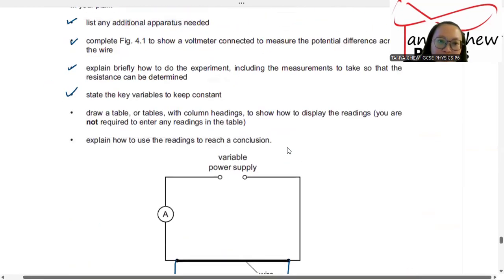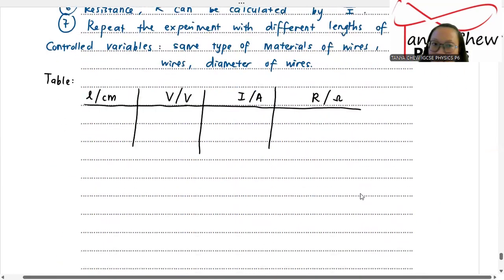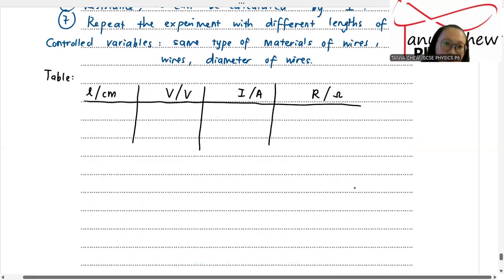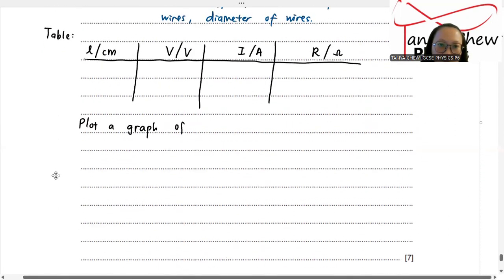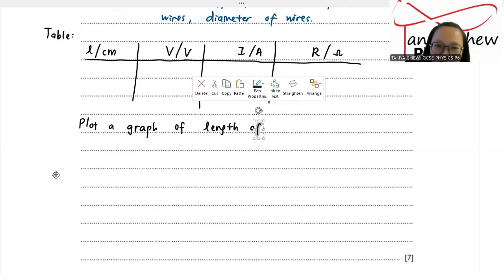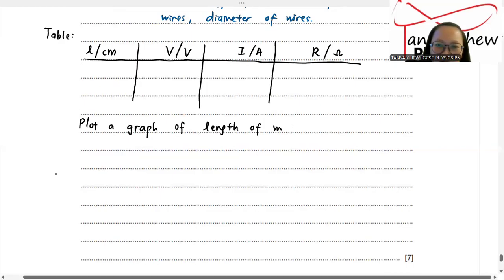So done with the table, and explain how you use your readings to reach a conclusion. So in this case, we can actually plot a graph, right? So plot a graph of L, okay?